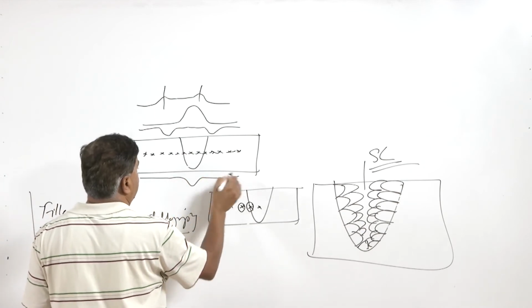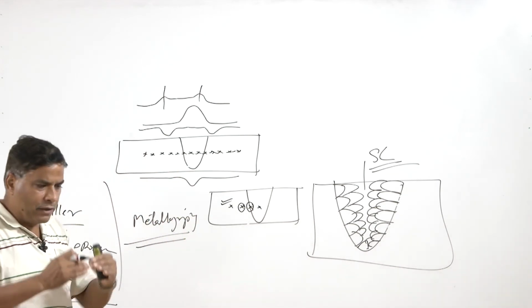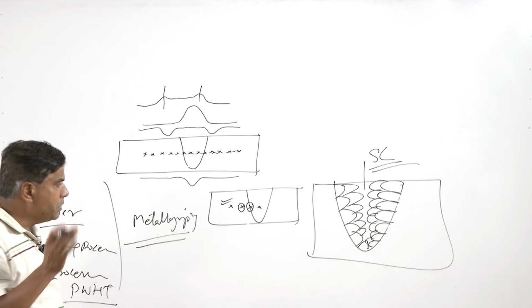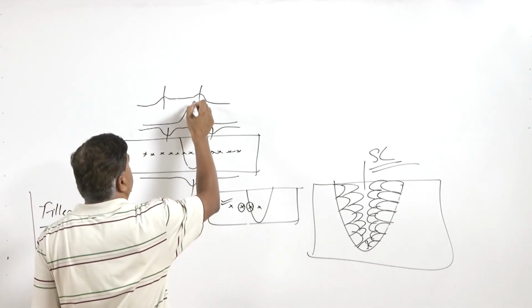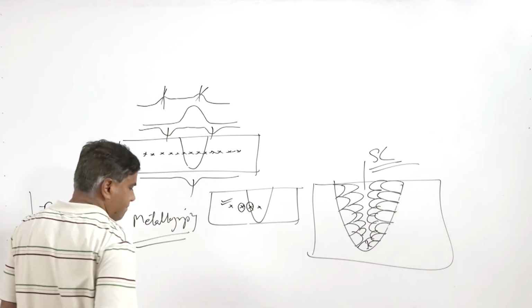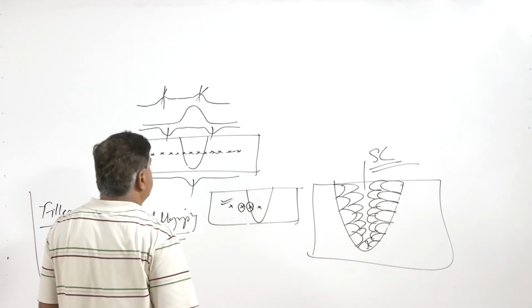So, it will show a little bit of a dip, and wherever there is softening or the hardness is lower, those are the areas which have been adversely affected by the heat used for the welding purpose.